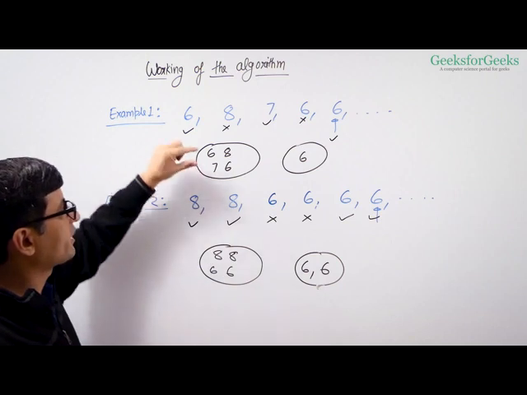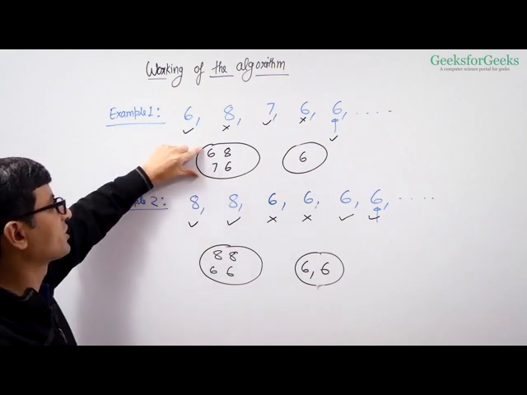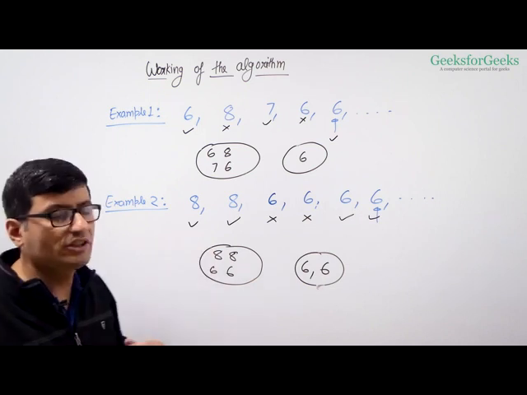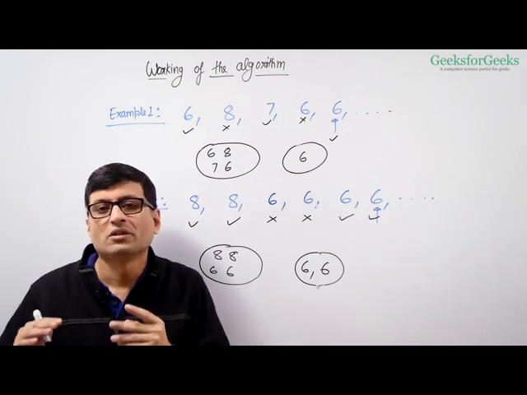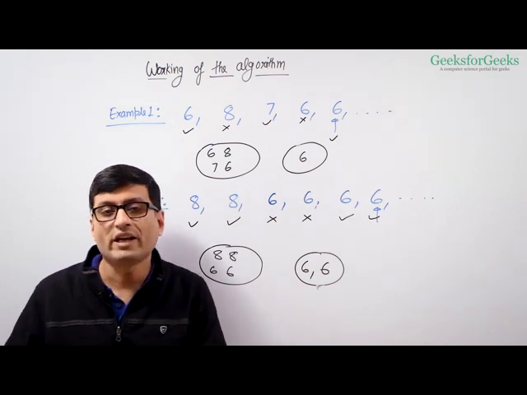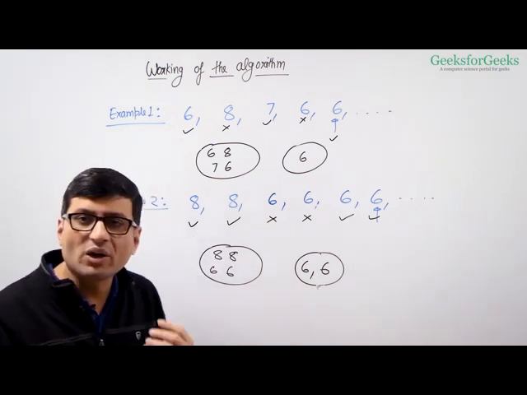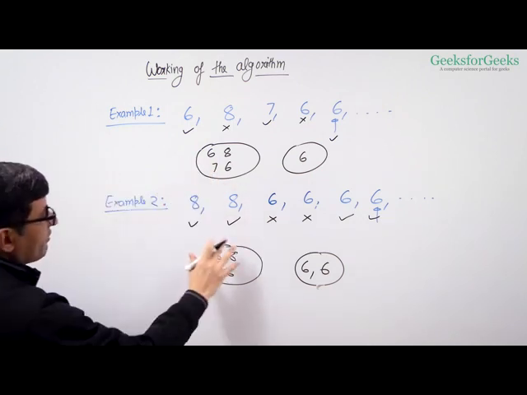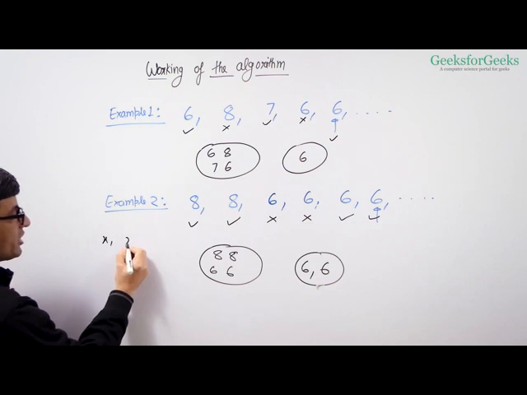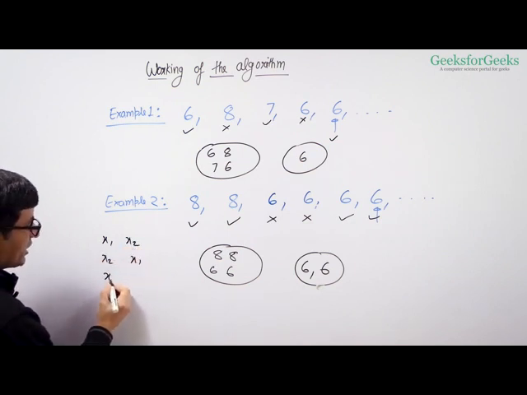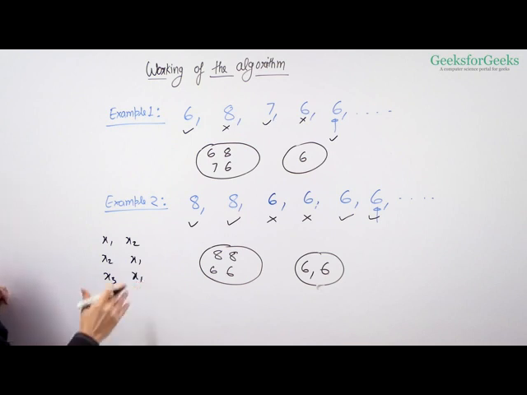Now, how do we show that this set does not contain any majority? It's easy to show. This set contains pairs of elements, and every pair has different elements. So these sets can be divided this way: x1, x2, then probably x2, x1, and then x3, x1, something like this, right?